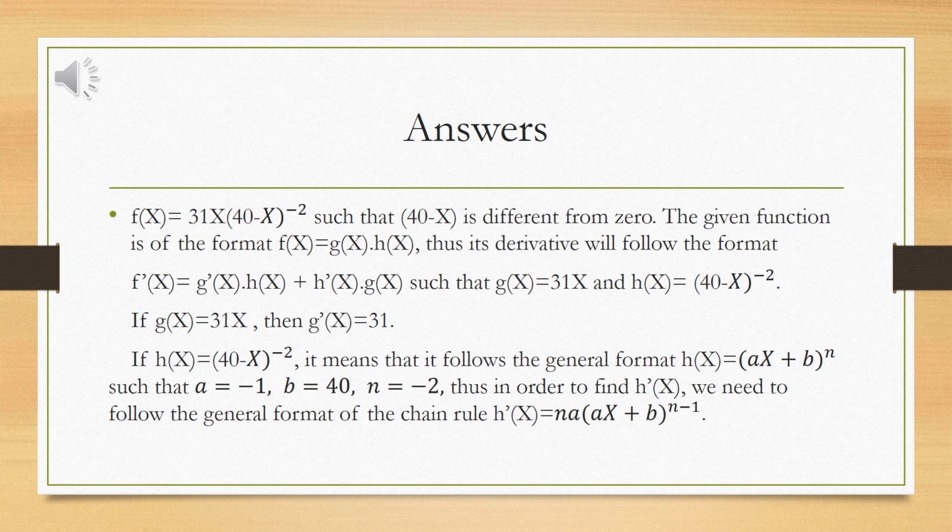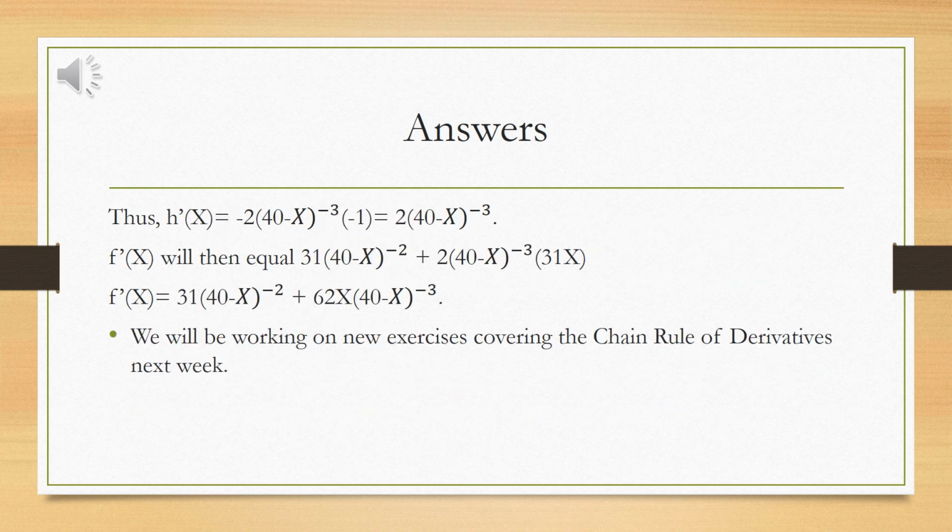Thus, in order to find h'(x), we need to follow the general format of the chain rule. h'(x) = na(ax + b)^(n-1). Thus, h'(x) = -2 × (40 - x)^(-3) × -1, which is the derivative of 40 - x. h'(x) will equal 2(40 - x)^(-3).